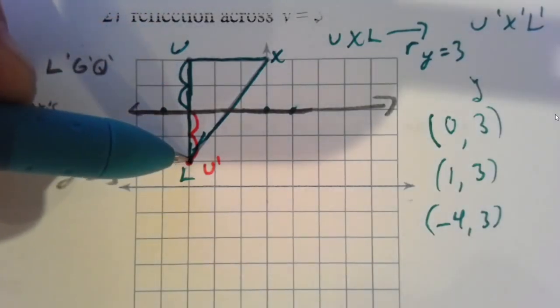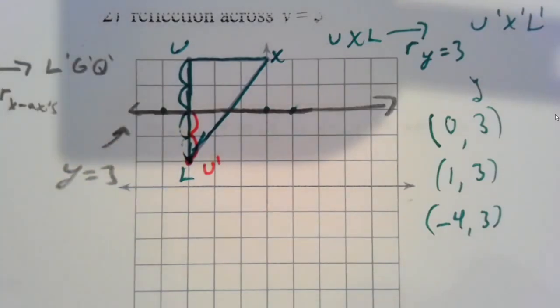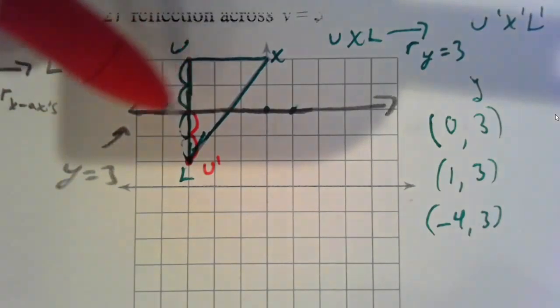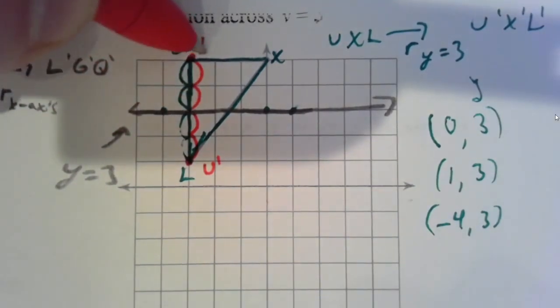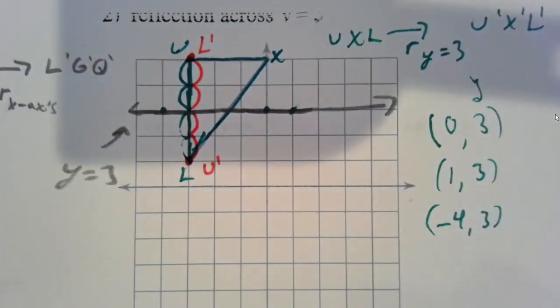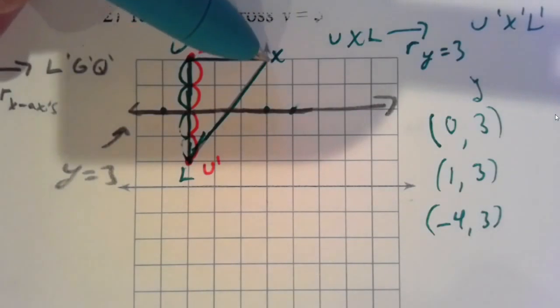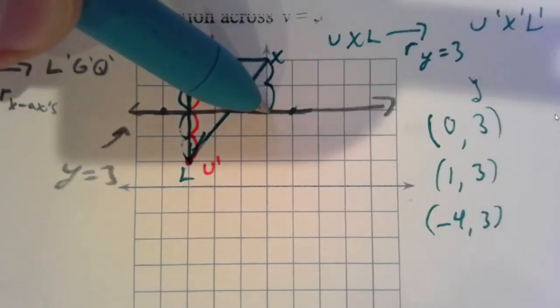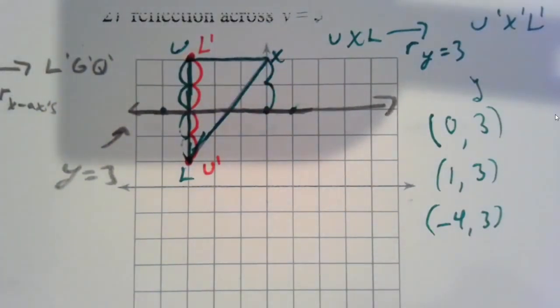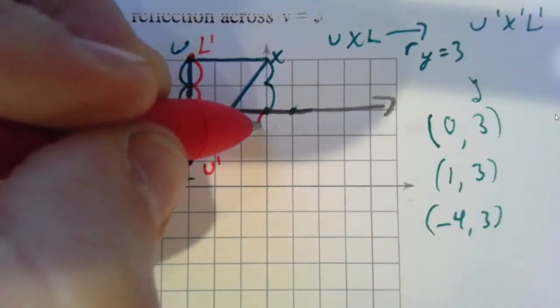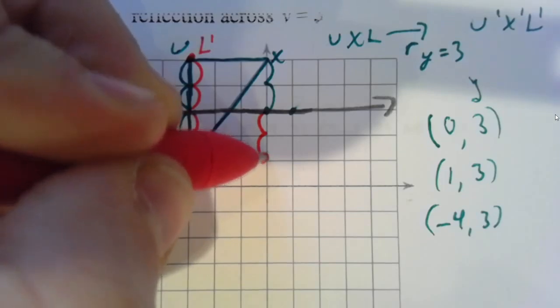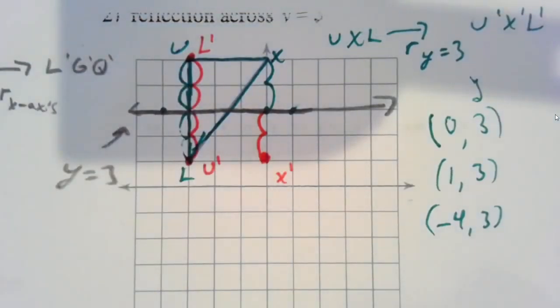I'm going to go 1, 2 up for L. And since I had 2 to get to my line of reflection, I'll continue 2 more up. 1, 2. And this is where L prime will be. Finally, I'll end on X. X is 1, 2 away from my line of reflection. And so I'm going to continue 2 down. 1, 2. This will be the point X prime.